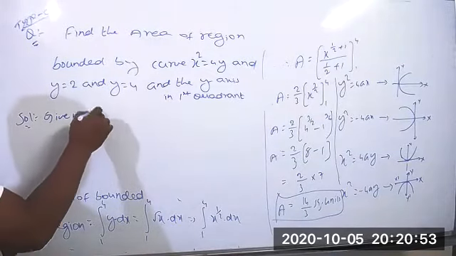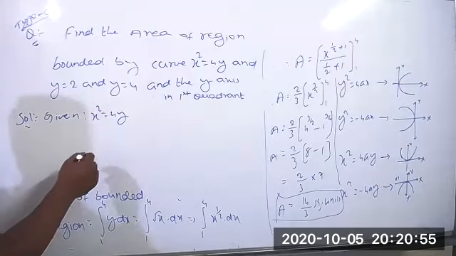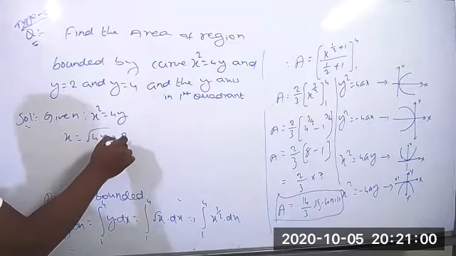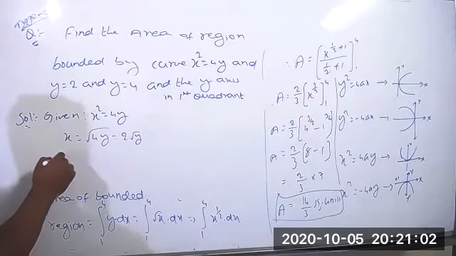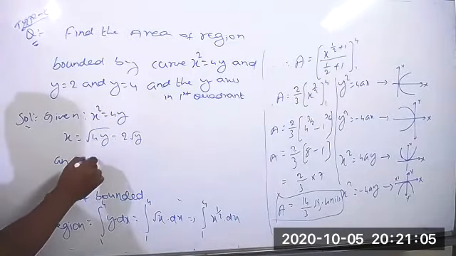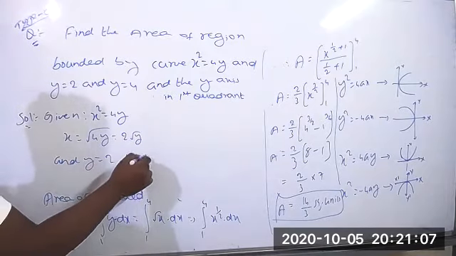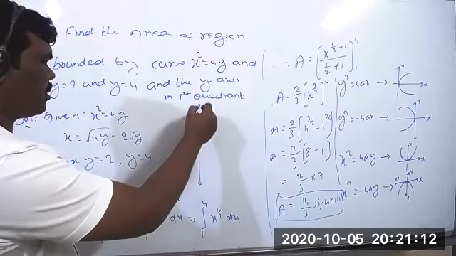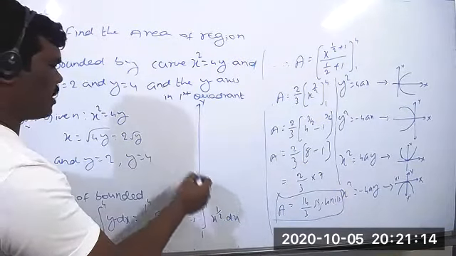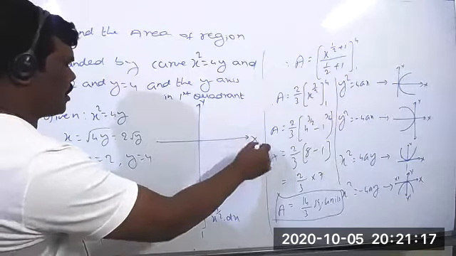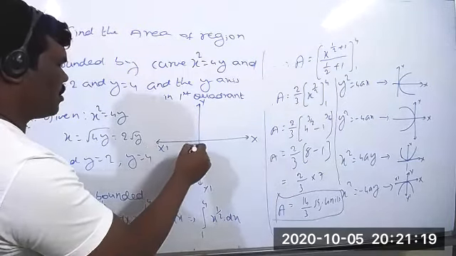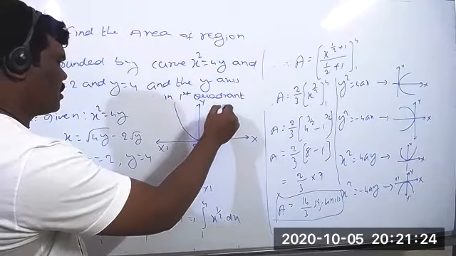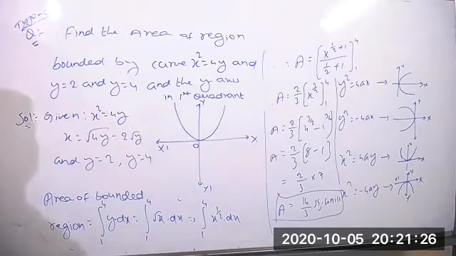Here x square equal to 4y is given, so based on that, x equal to root of 4y, that means 2 into root y. And y equal to 2, y equal to 4 is given. So how do we get the graph here? The y-axis, y and y dash, x and x dash, origin. So the parabola clearly we will get like this.